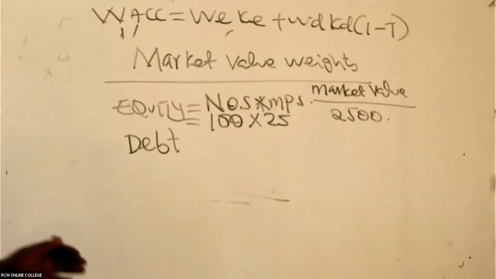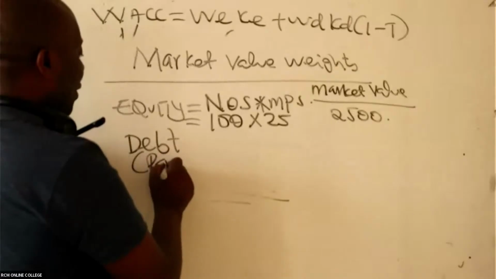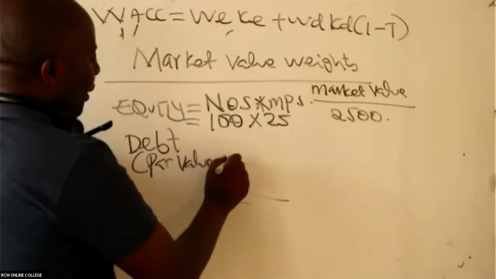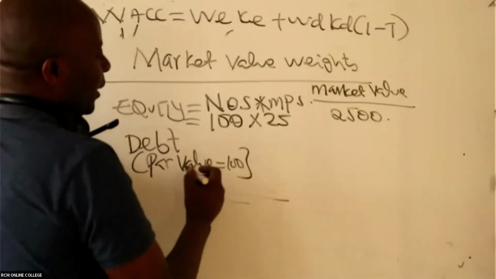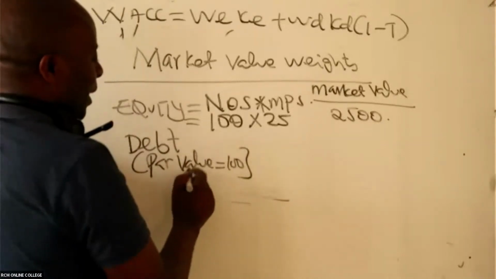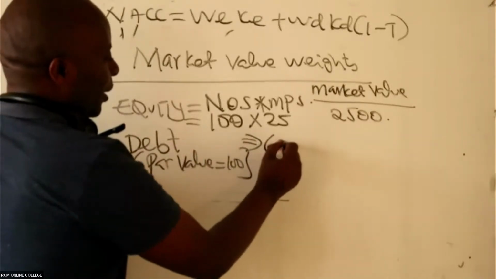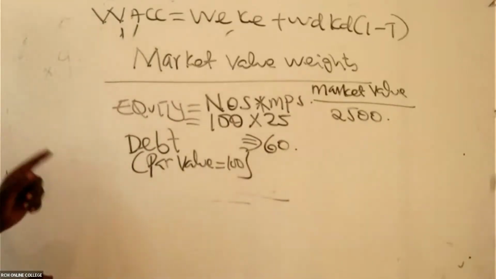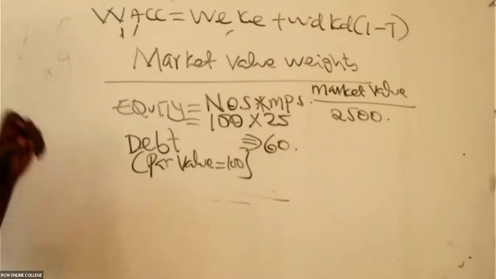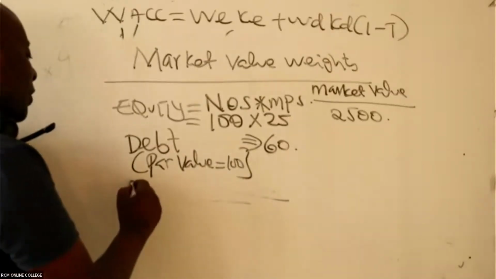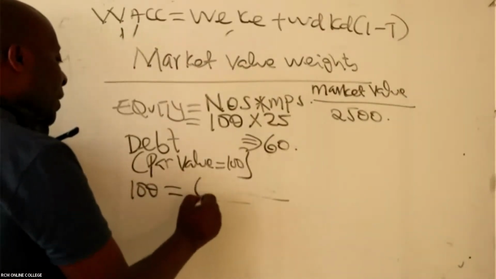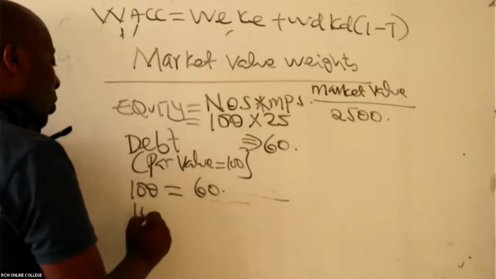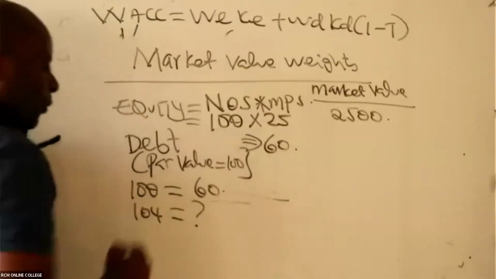So in this case, for debt, we have a par value of 100, and the debt amount is 60. The debt is normally very easy to get market value for. You ask yourself, if a par value of 100 is giving you 60, how about a market value of 104?